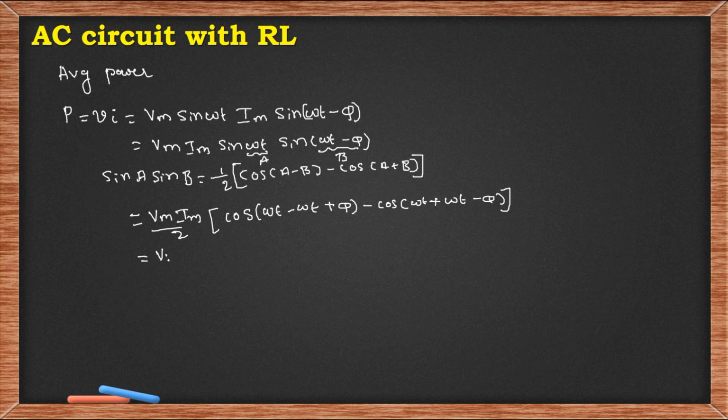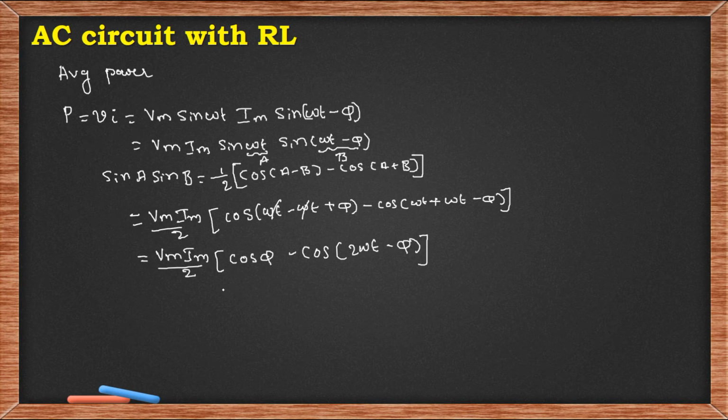This is equal to Vm Im by 2 into, omega t minus omega t gets cancelled, cos pi minus cos 2 omega t minus pi.